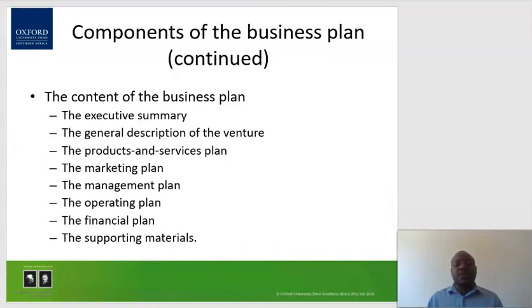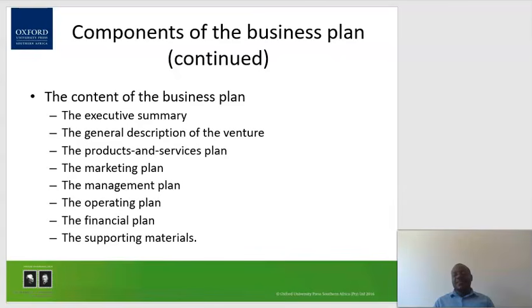Then there's also need to focus on the marketing plan, the management plan, operating plan, financial plan, and obviously to support whatever you have said, you will need to provide some supporting documents. For example, if you say some of your managers have certain qualifications, we must see the qualifications.